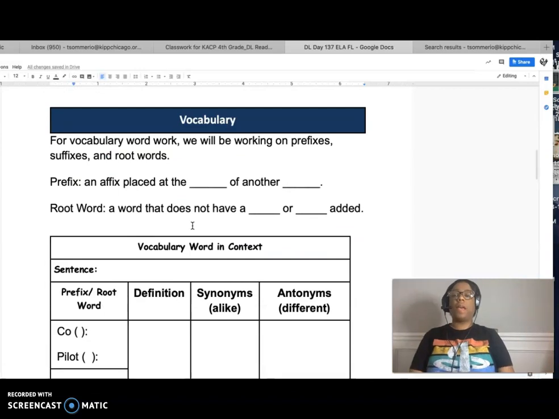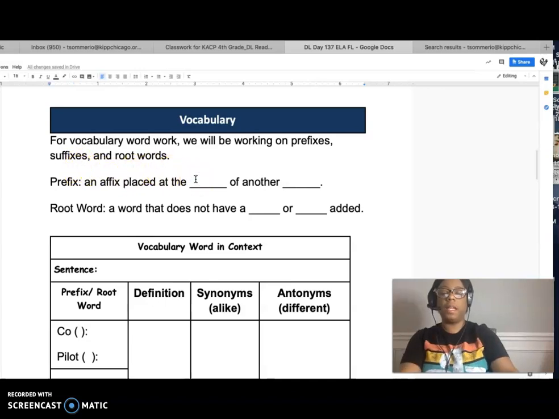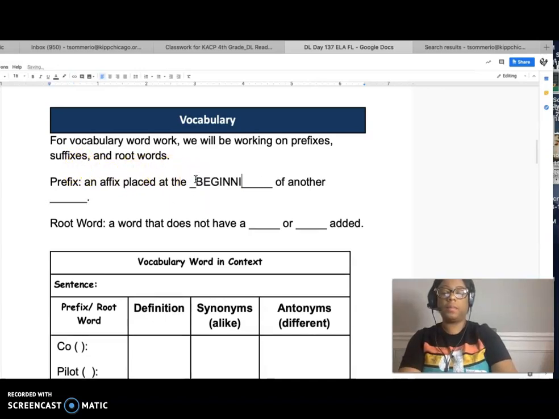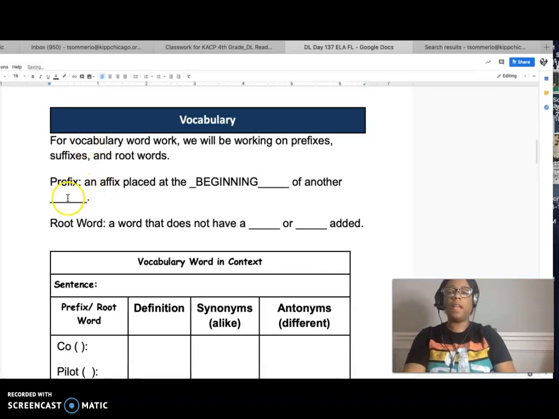Next, we have vocabulary. For vocabulary word work, we will be working on prefixes, suffixes, and root words. We know that a prefix is an affix placed at the beginning of another word.